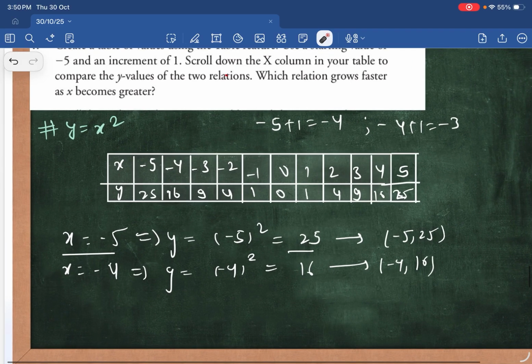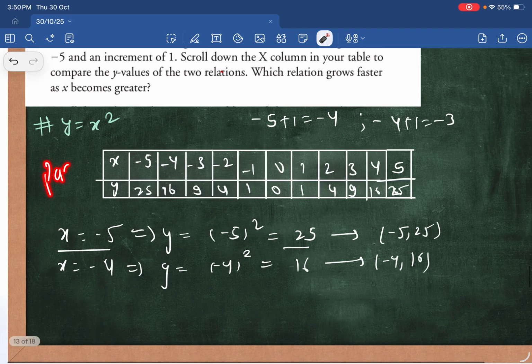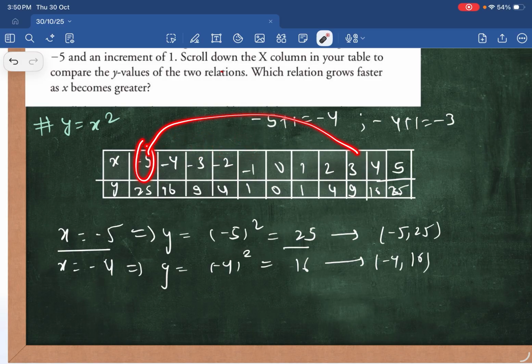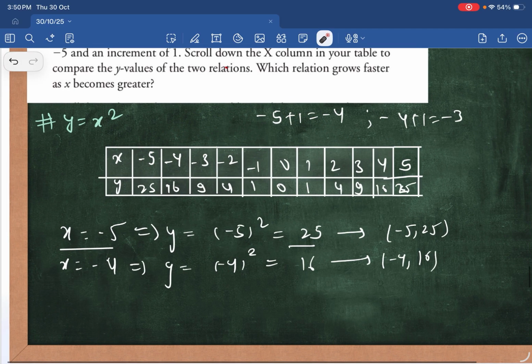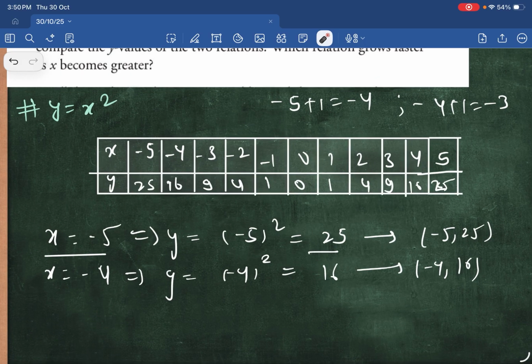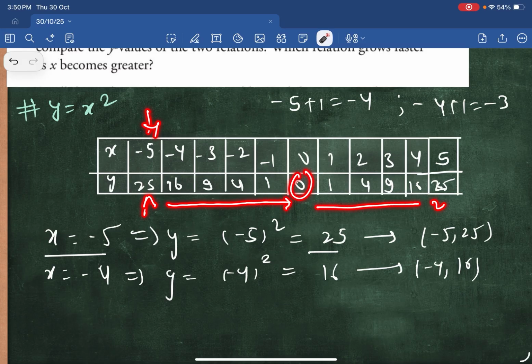But it is not the same for x square. For the parabola, I mean for y is equal to x square, if we increase x from negative 5 to negative 4, negative 3, negative 2, negative 1, 0, 1, 2, 3, 4, 5, going from negative 5 to positive 5, the y value is at its highest first, for negative 5 which is 25, then it decreases up to 0, and then increases up to 25.